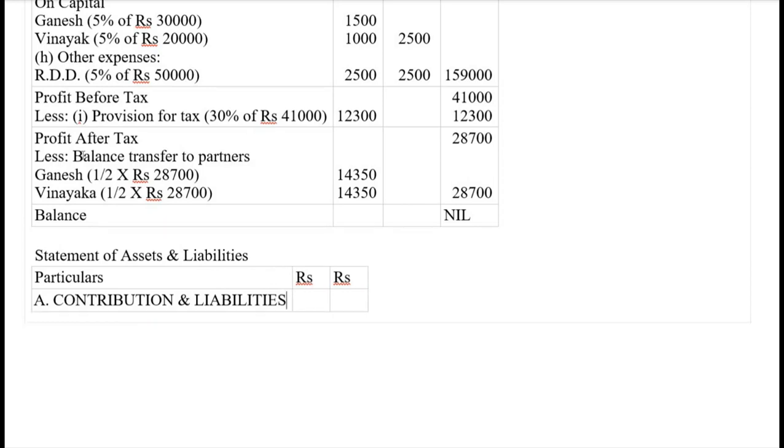Below that, number 1, that is partners contribution. It should be partners contribution.